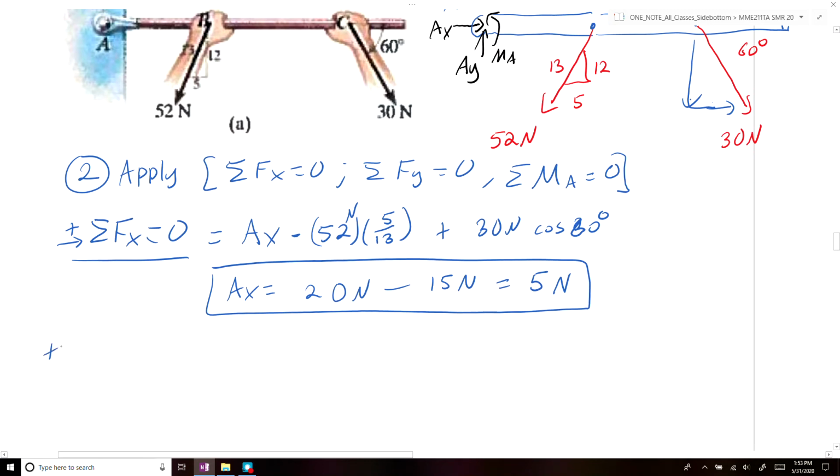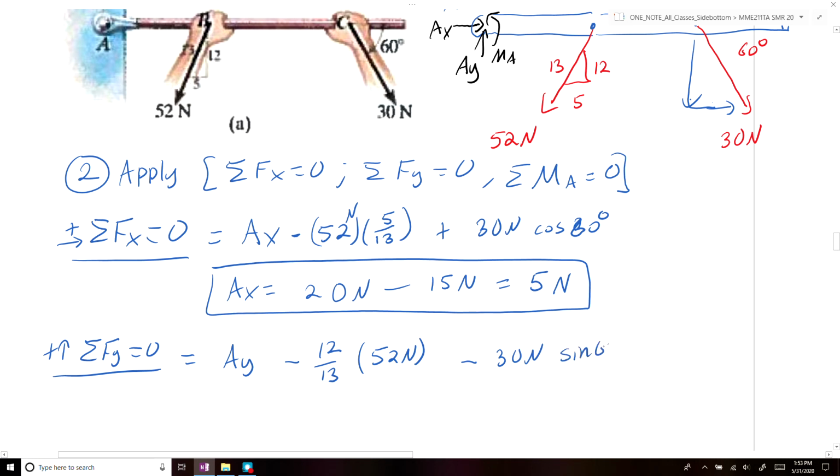Next step is we're going to sum all of our forces in the y direction and set them equal to 0. So if we do that, we'll have A of y, we'll have minus 12 over 13 times the magnitude of the force at point B, which is 52 newtons, and then we'll have minus 30 newtons times the sine of 60 degrees, which would be the force that's applied at point C. So we would get A of y would be equal to 12 over 13 times 52 newtons plus 30 newtons times radical 3 over 2.